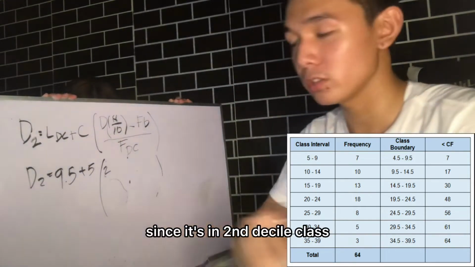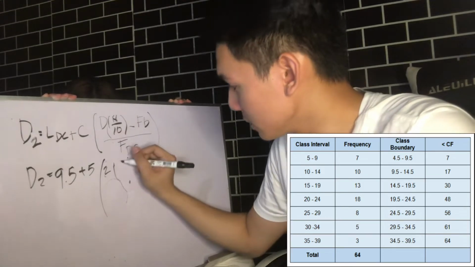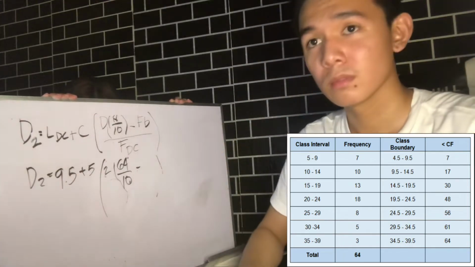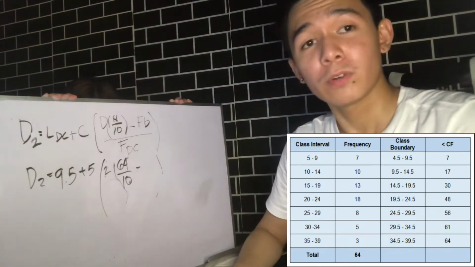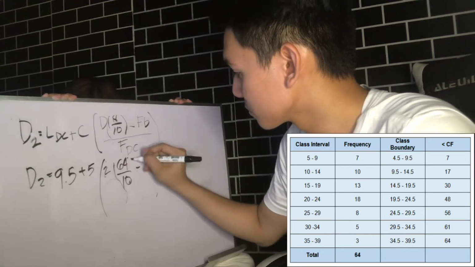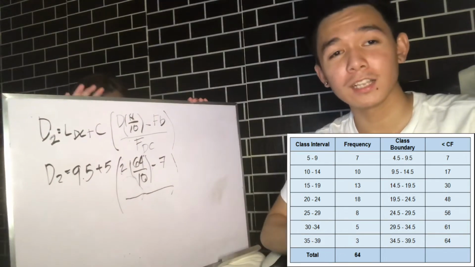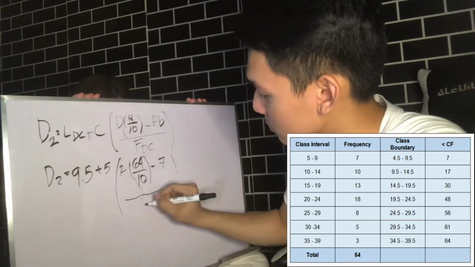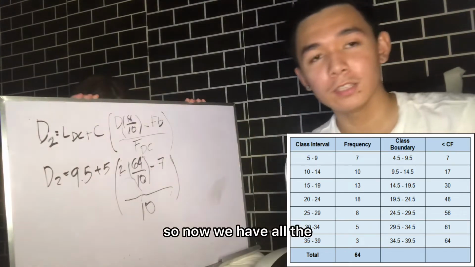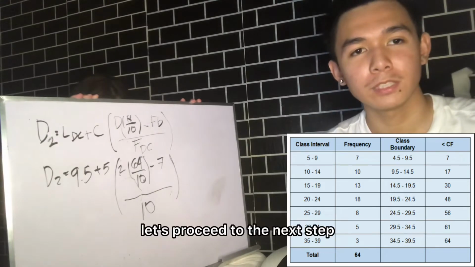Second, put the total number of observations, which is 64 divided by 10 minus the cumulative frequency before the decile class, which is 7. And divide it by the frequency of the decile class, which is 10. So now we have substituted all the numbers into the formula. Let's proceed to the next step.